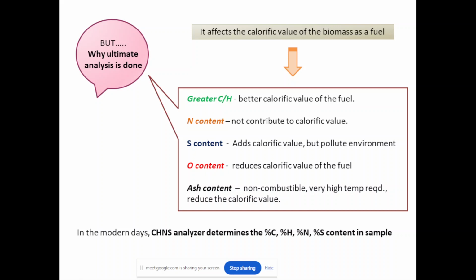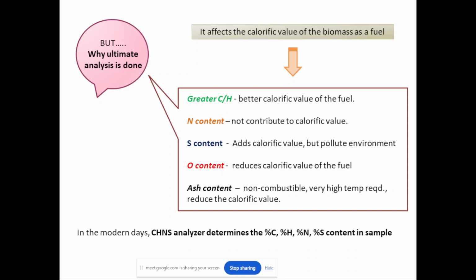So the greater your carbon as well as hydrogen, the more that adds to the calorific value of the fuel. Carbon and hydrogen are the main characteristics for your biomass sample. The higher the percentage of carbon and hydrogen present in your sample, the better the calorific value of the fuel that you are going to use.